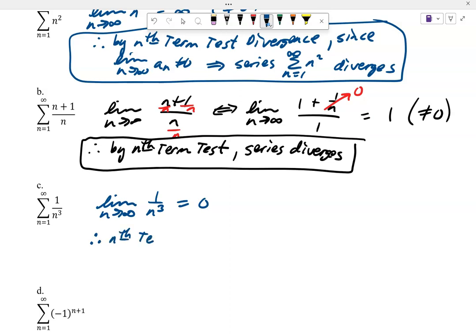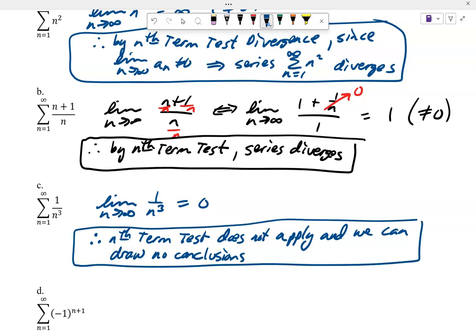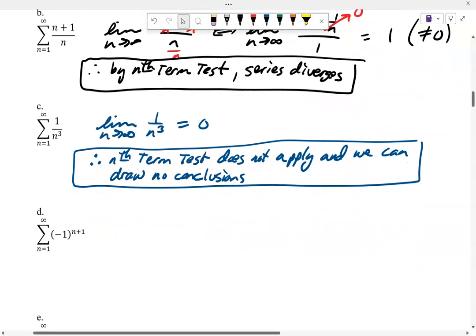Therefore, the nth term test does not apply, and we can draw no conclusions about the convergence or divergence of the series. Note this is a p-series, and we will address this later. Anything in the form 1 over n to the p is a p-series, so we'll talk about that later.